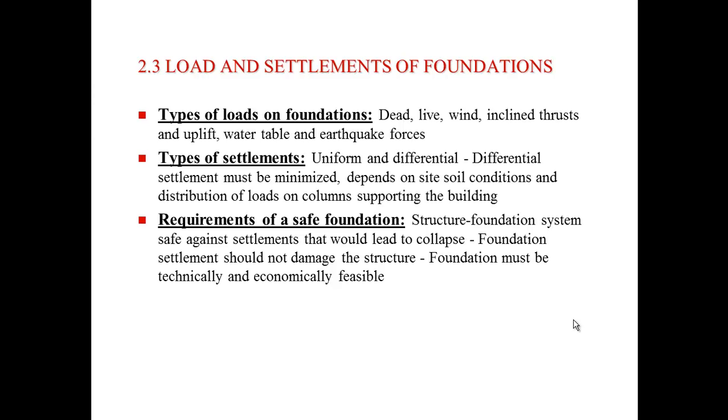The types of settlement that we may see in a building are either uniform or differential. Uniform settlement would indicate that the building will either rise or fall uniformly across the building and cause very little structural damage.